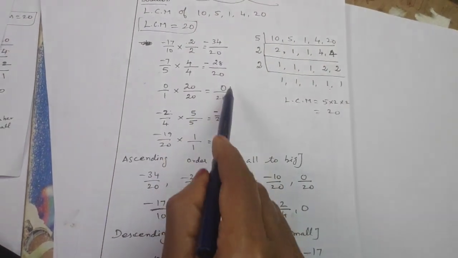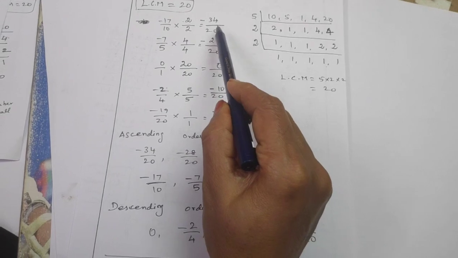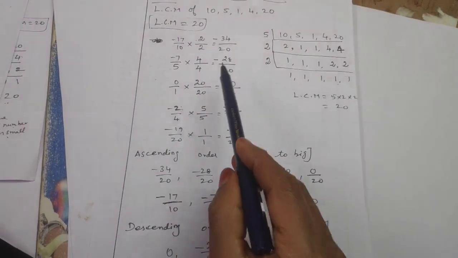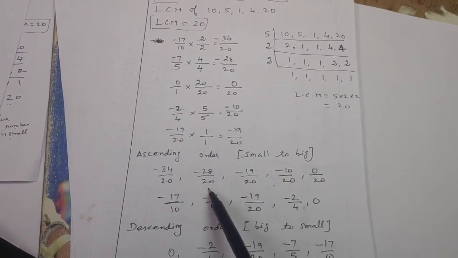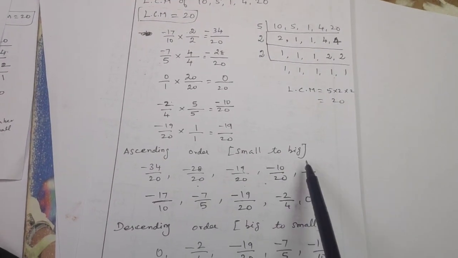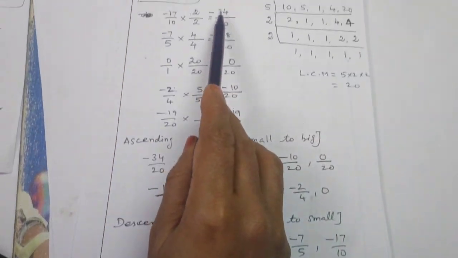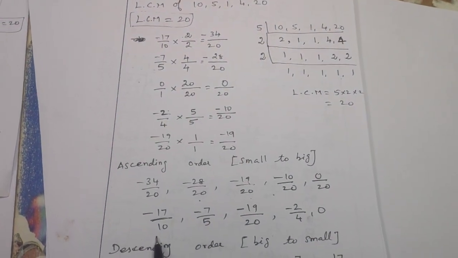Now see which number comes first. With minus values, the big number is minus 34 by 20. Next minus 28 by 20. Next minus 19 by 20. Minus 10 by 20. Last write 0 by 20. Minus 34 for the question is minus 17 by 10.